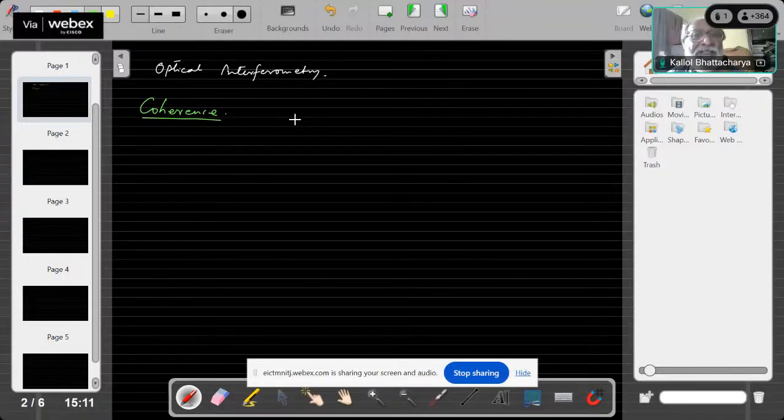Now, if we want to expand this idea further, if one wave is like this, okay, what I have drawn is a perfectly monochromatic, perfectly sinusoidal wave. But we must understand that a perfectly monochromatic sinusoidal wave does not exist in nature.